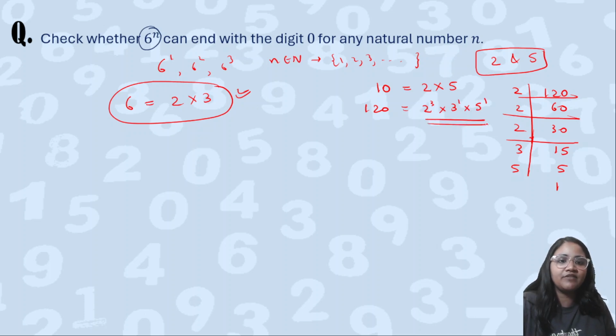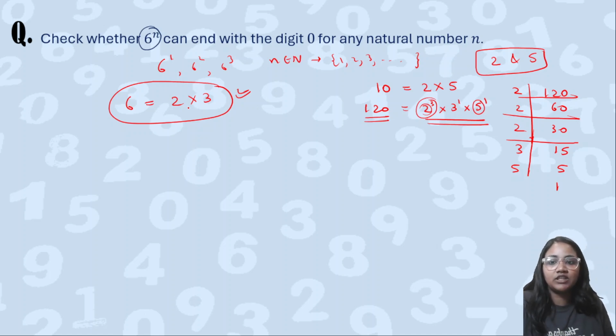Again, you can see the prime factorization contains 2 as one of the primes and 5 as one of the primes. So any number which ends with the digit 0 contains 2 and 5 in the prime factorization, right? But 6 contains 2, but it does not contain 5. So we can say that 6 to the power n will never end with the digit 0.